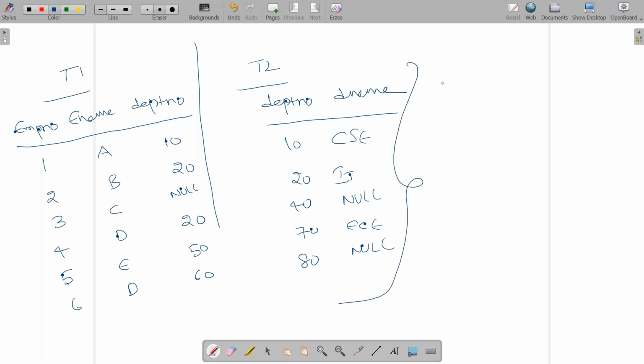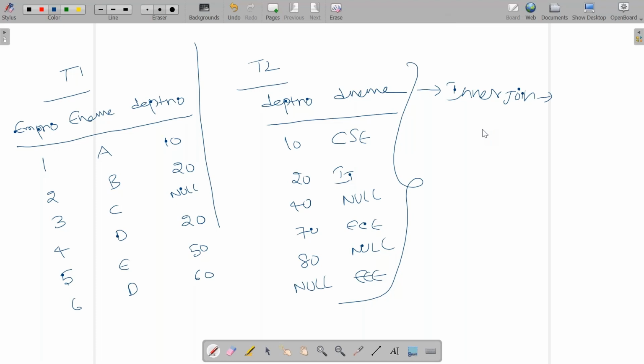What is the inner join output here? How many records are we going to get in the inner join?